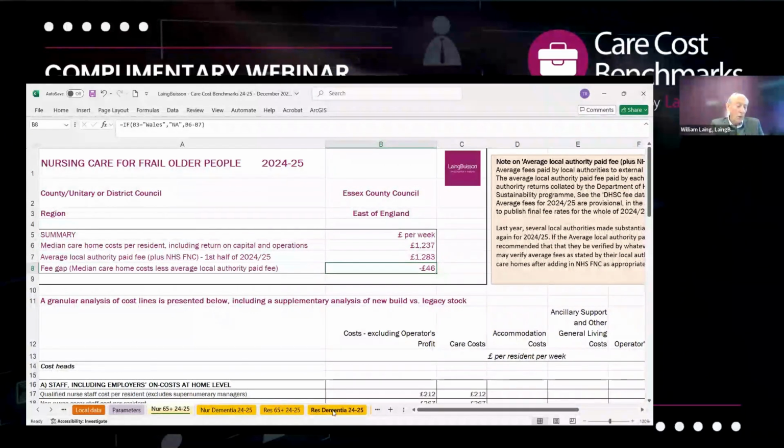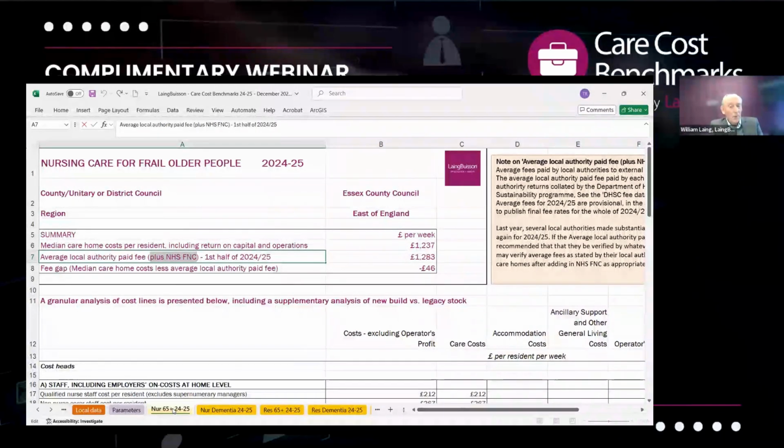And one of the ways in which this can happen, because it's down to each local authority to work out these figures themselves, is that there is an instruction not to count NHS FNC when they're working out what their costs are. So the costs that local authorities state should be net of, or before, NHS FNC, meaning that we at our end, when we're looking at the total fee received, add on NHS FNC. So that is what we've done in the case of Essex, and we've arrived at a figure of 1237.